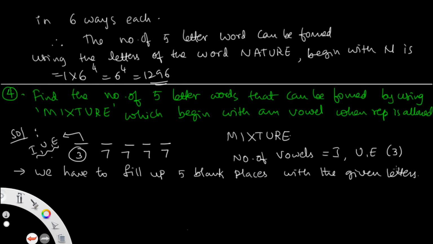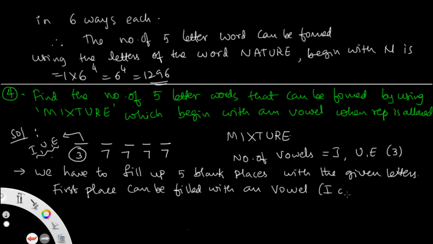After filling up, 4 places are left. The first place can be filled with a vowel, I, U, or E, in 3 ways.